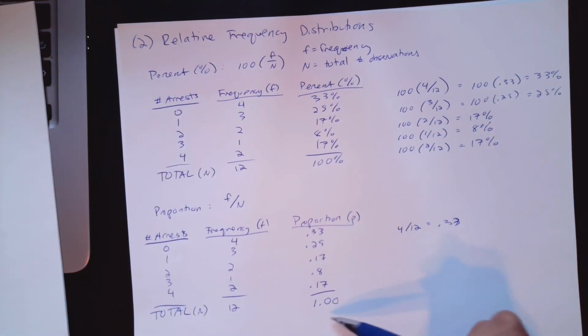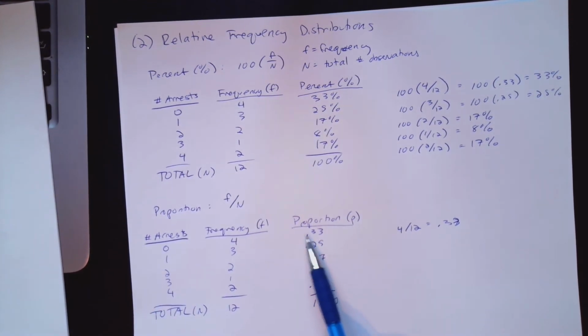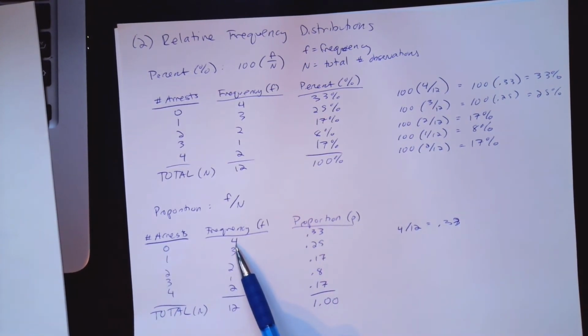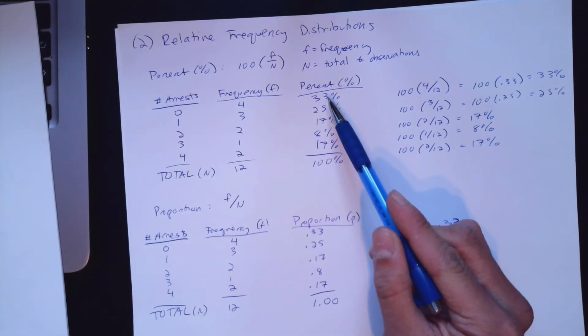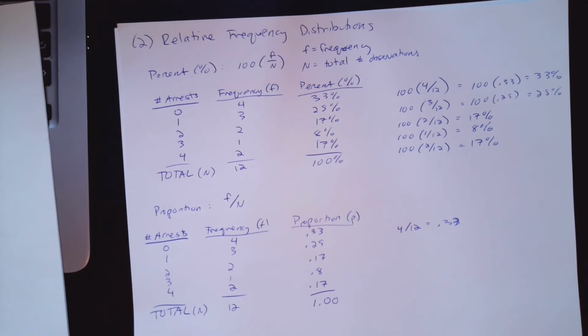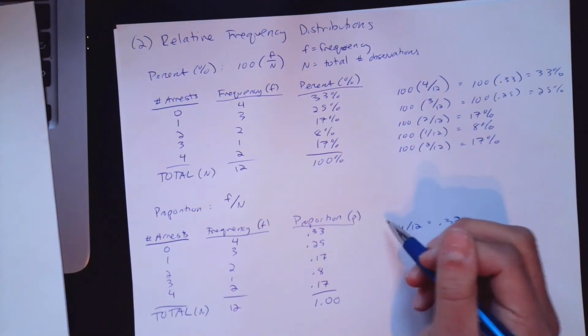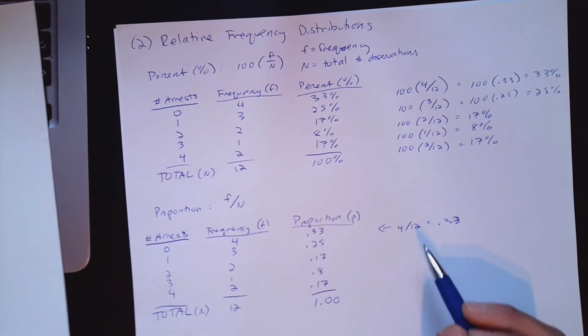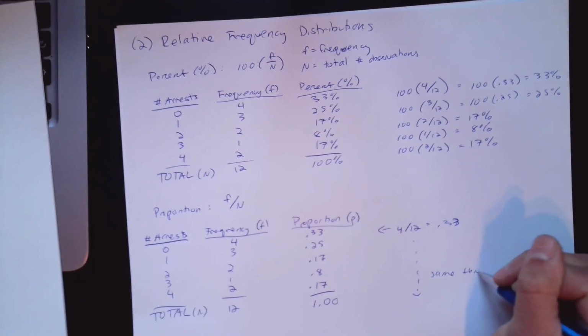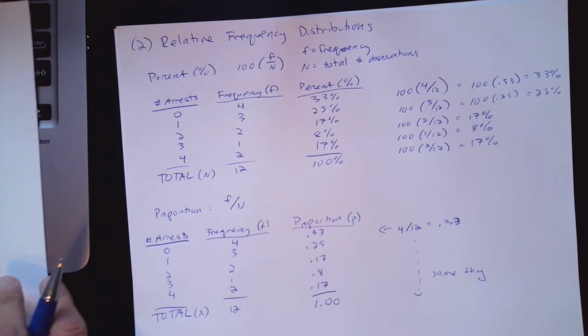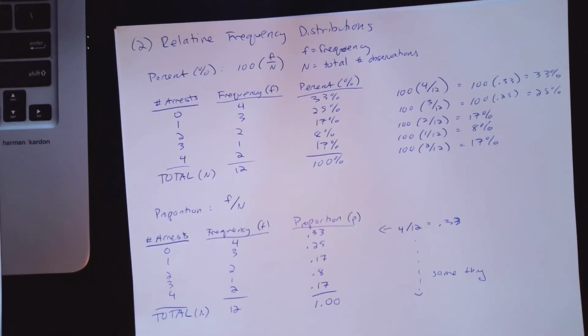And this is expressing it out of 1, where we're saying that, as a fraction out of 1, we have 0.33 proportion of our sample having 0 arrests, whereas out of 100, we would have 33 people with 0 arrests. And again, this example here is how to calculate proportion, but you could do the same thing all the way down to get these numbers here.